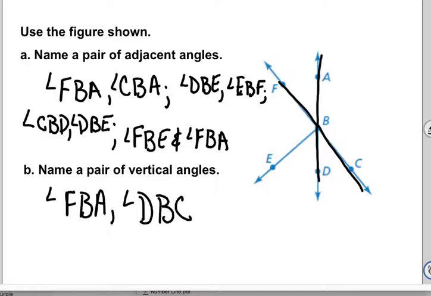And then we had FBD and angle ABC. Okay? Are these two angles going to be congruent? Yes. If they're vertical, they're congruent.